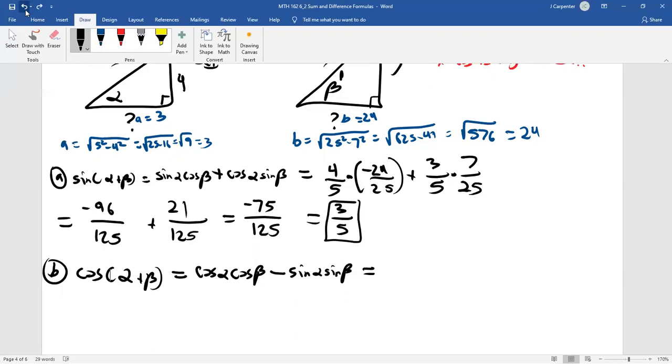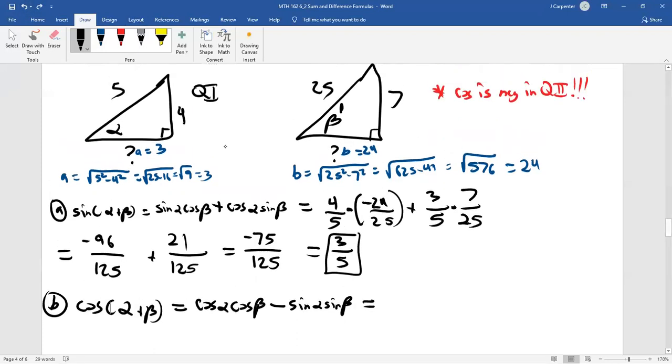All right, so cosine of alpha. Let's scroll up just a little. Adjacent over hypotenuse, 3/5. There is your cosine of alpha, times cosine of beta. So beta prime's cosine is 24/25, but it's negative 24/25 because cosine is negative in quadrant 2, because we went left and x is cosine.